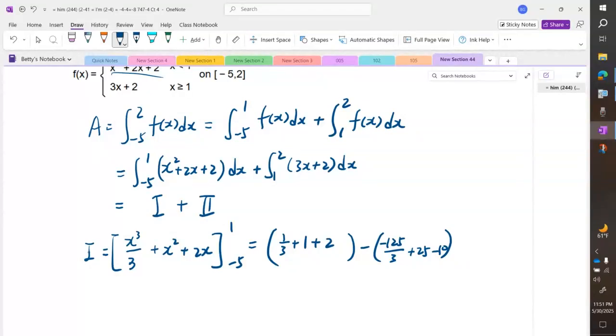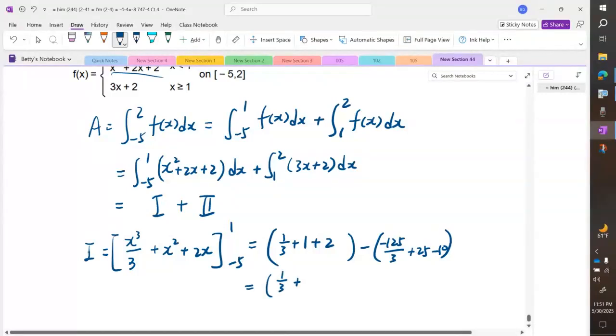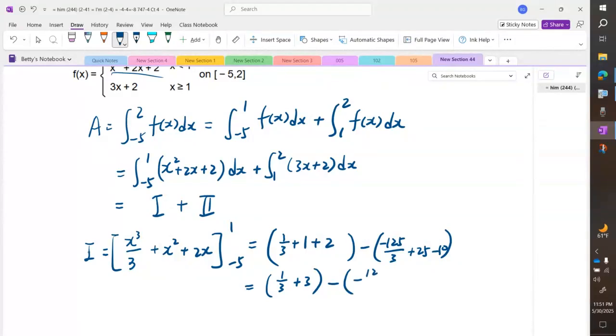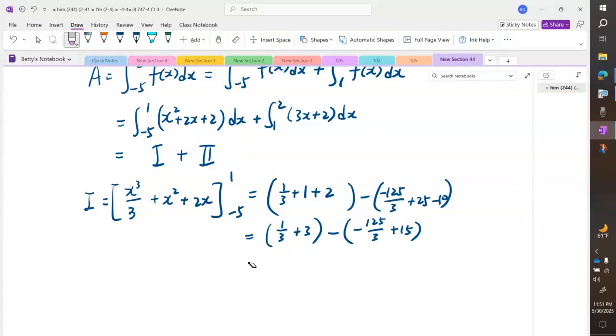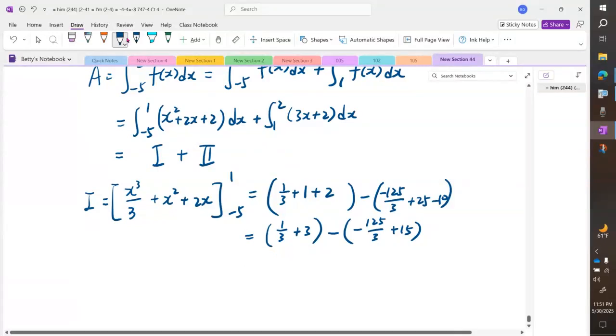Double check the entry. Okay. And this one is 1 over 3 plus 3. And this is negative 125 over 3 plus 15. Sometimes you have to be careful and find the correct order to do the calculation.